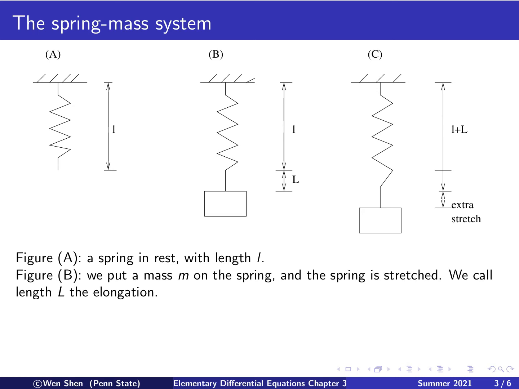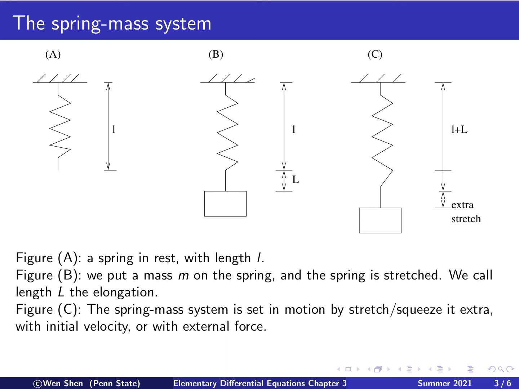Let's say the amount the spring is stretched is capital L. And this capital L is called the elongation. Then without disturbance, the system here is at rest, and the elongation L is the elongation where it reaches an equilibrium.